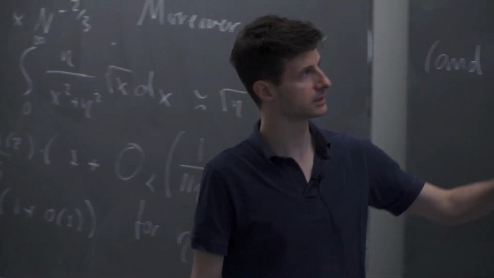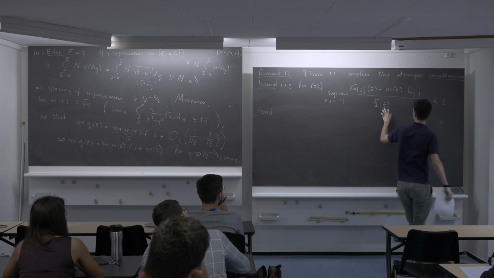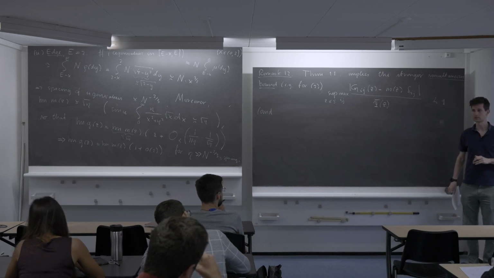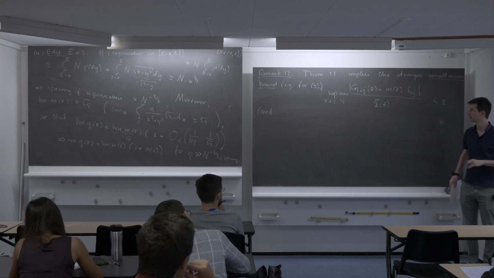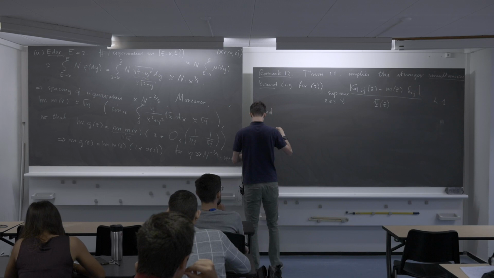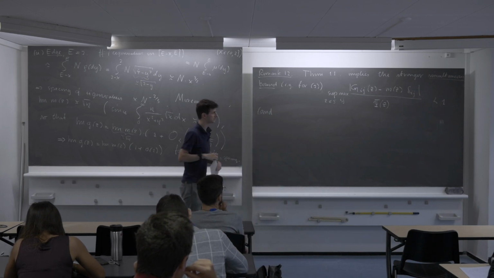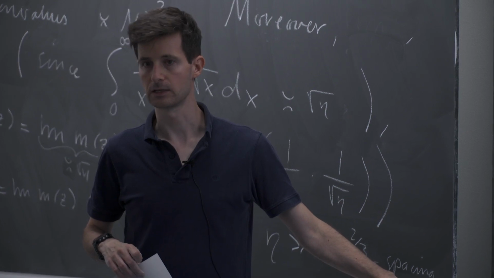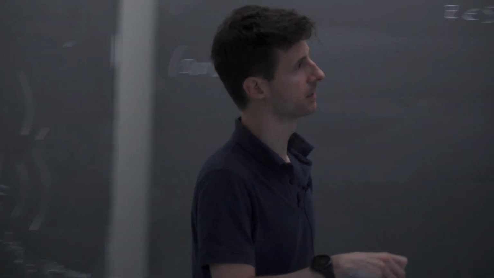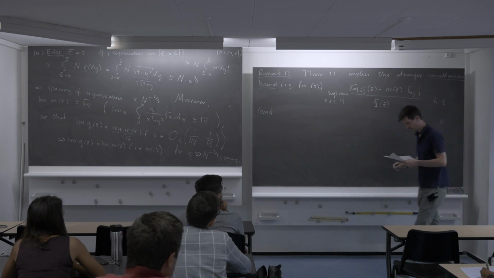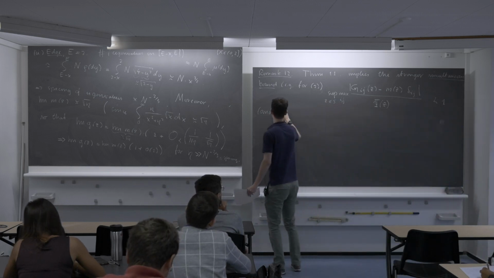Everything I write on the board is Lipschitz continuous with Lipschitz constant bounded by n squared, for example. And this can be used to deduce such a statement. So this is basically an exercise in using Lipschitz continuity and understanding the definition of this thing here. So this is going to be an exercise with hints on the next problem set.